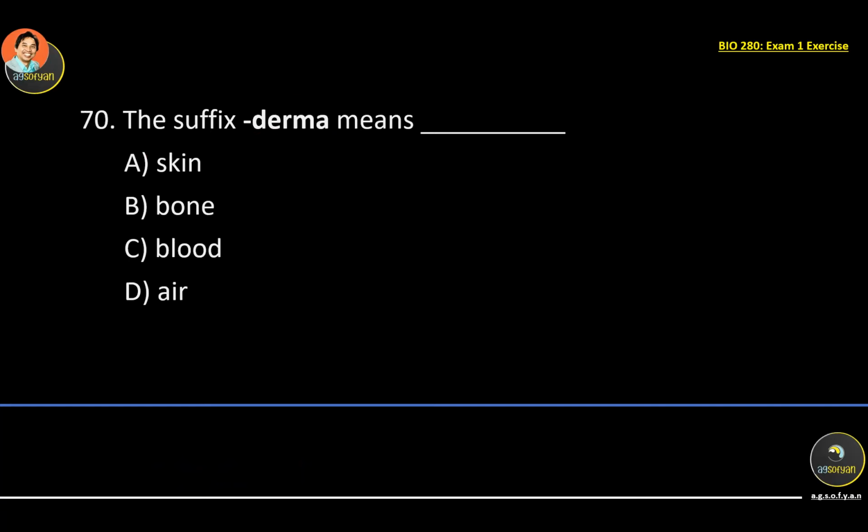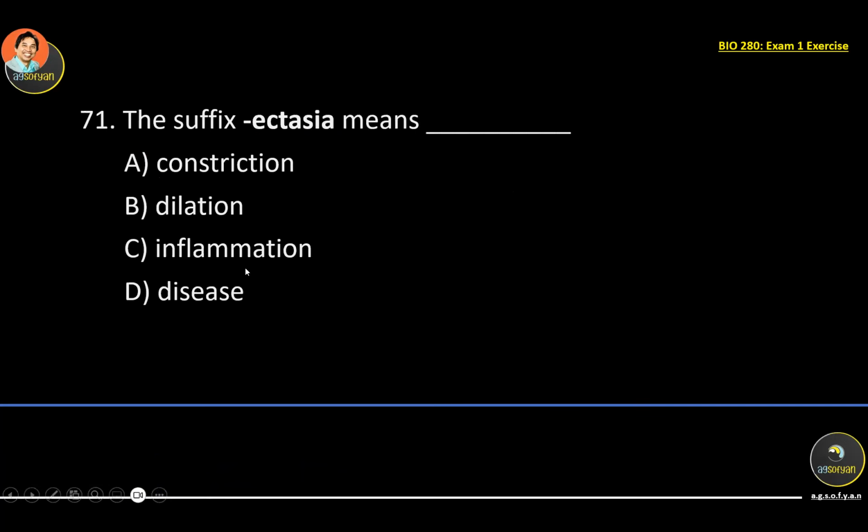The suffix derma, okay? A, B, C, or D. Derm or derma means skin. Okay, so this is going to be skin. The suffix ectasia. Ectasia means dilate. Okay, it's dilation.